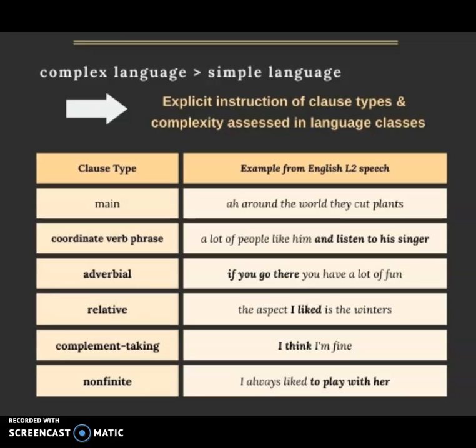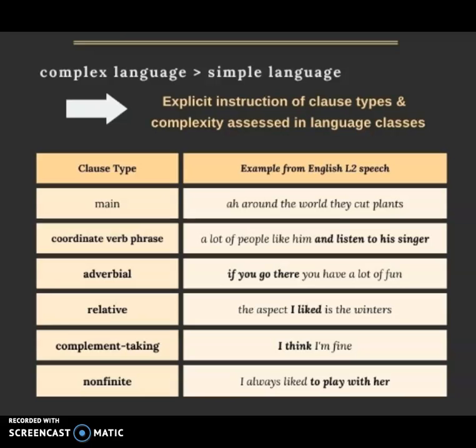Now, a straightforward way to add complexity is to just add another verb phrase with coordination, a coordinating conjunction like and, or, but. So we could say something like, "around the world they cut plants and they plant more trees." An example from the data is "a lot of people like him and listen to his singer."